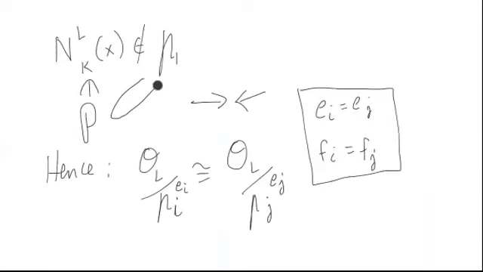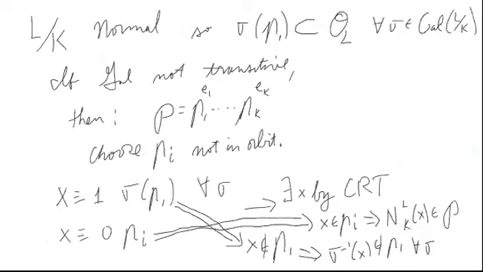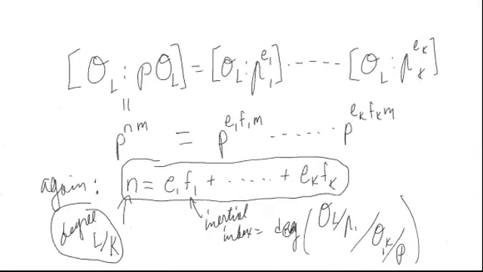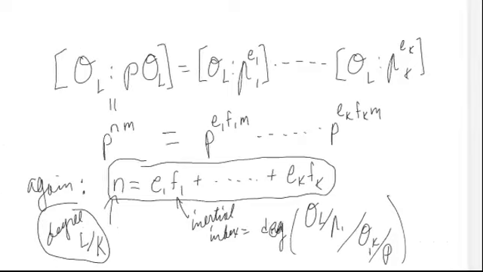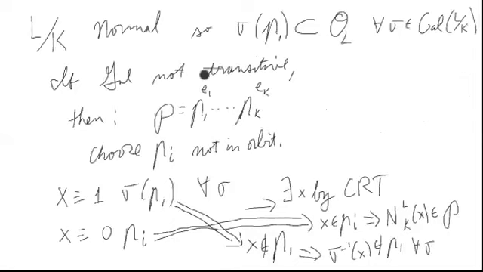What does that mean? That means that the Galois group acts transitively. So since the Galois group acts transitively on these primes, we actually get a nice isomorphism between the quotients when we quotient these guys out.